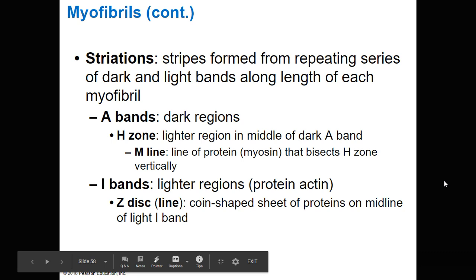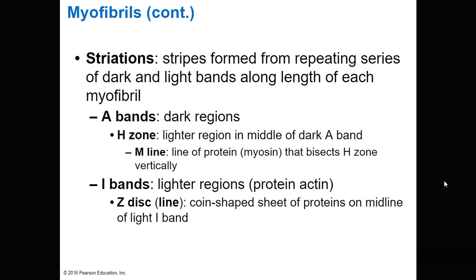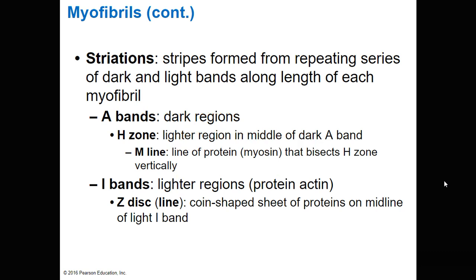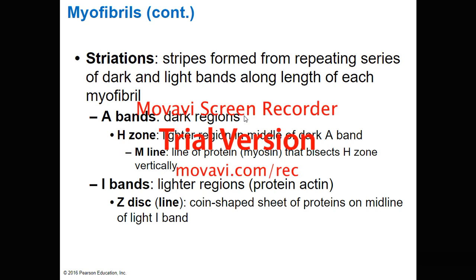So let's talk about the striations in muscle. The striations are due to repeating series of dark and light bands. The dark bands are the A bands. It's easier to see this with a figure, which we will see in slides ahead.